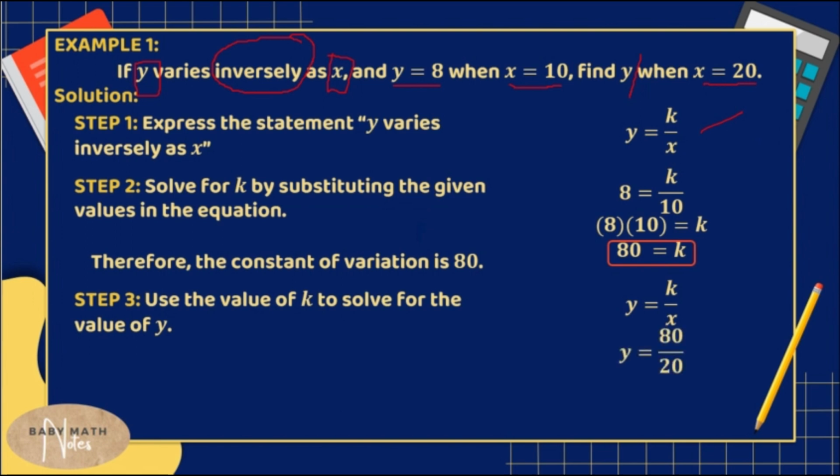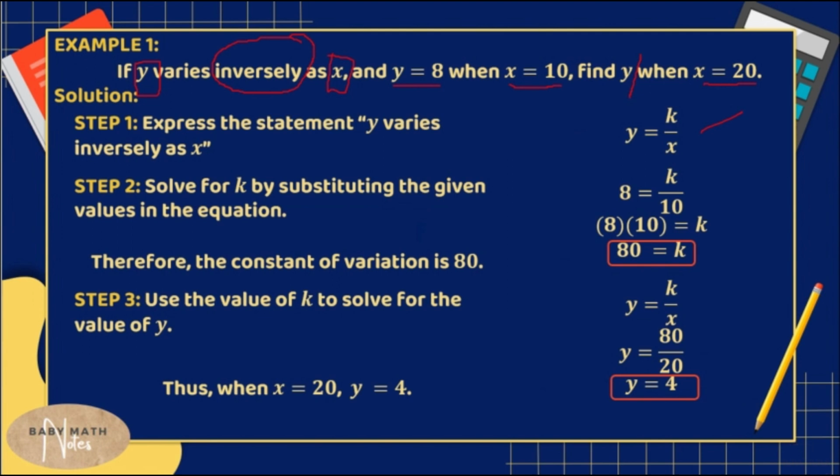And then we are going to substitute the value of k. Yung nakuha natin kanina is 80, so inilagay natin sa numerator. And then yung 20, yun ang given para makuha natin yung tinatanong na y. So therefore, y is equal to 4. Thus, when x is equal to 20, y is equal to 4.